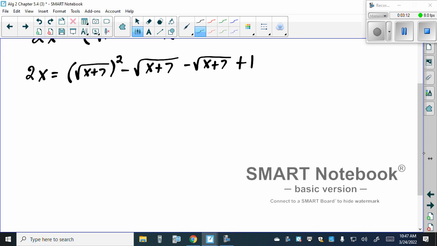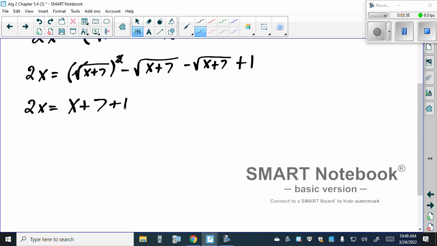Well, we still have the 2x. Here, the square root and square will cancel, telling us that we have x plus 7, plus 1, because we do still have that 1 there. If we wanted to, at this point, we could have really written this as x plus 8.